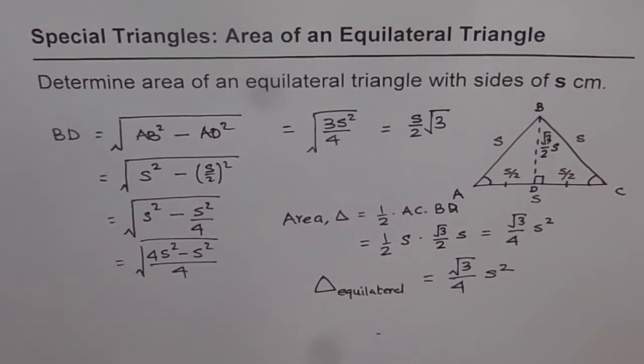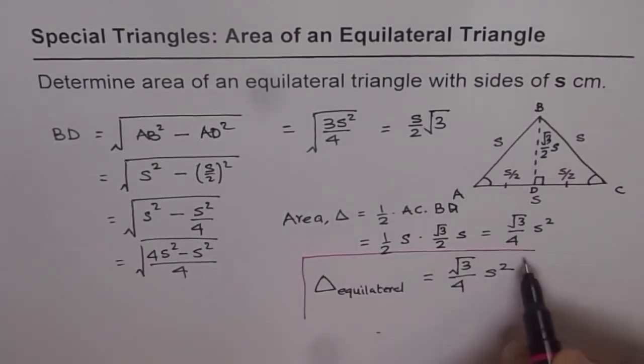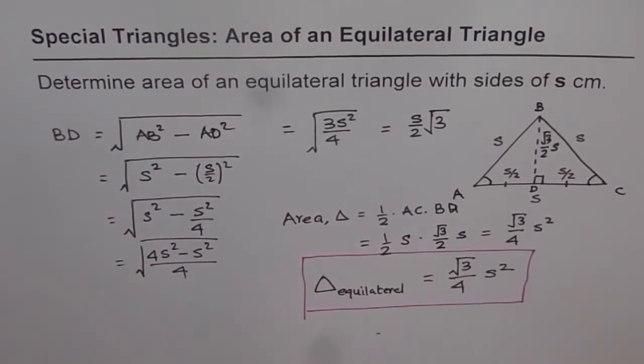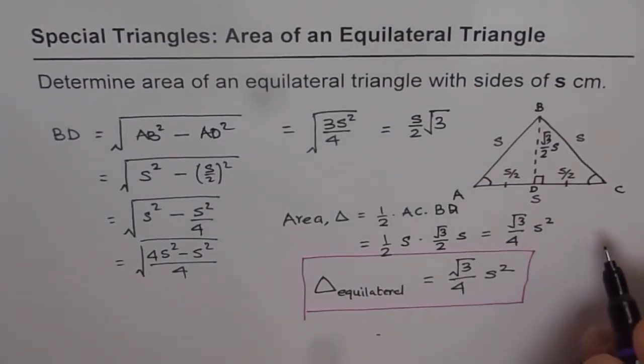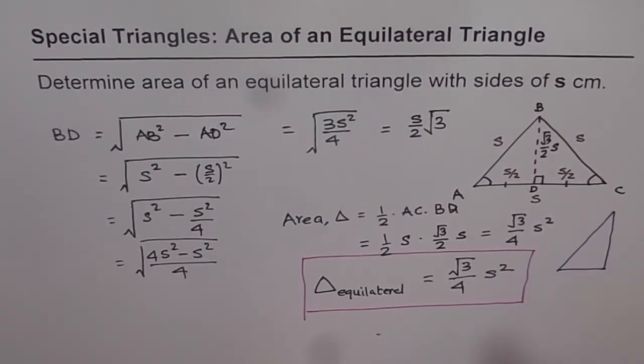This is important to remember. We can ask this question in multiple choice questions also, and if you have an idea of what this is, it helps, right? Now there was another approach to do this also, and that is looking back into our special triangles. So if you know the special triangles 30, 60, 90, let me draw one here.